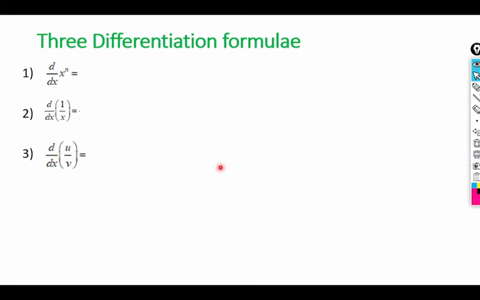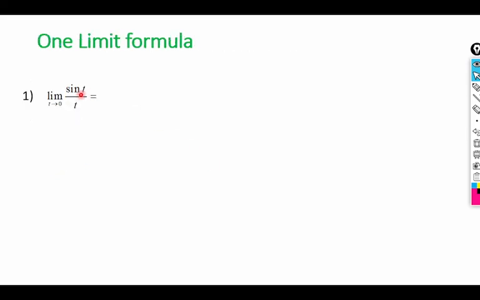Okay, and the last one, which I already told you about, is a limit formula that we require in only one example, where we find the Laplace of the derivative of sin t by t.